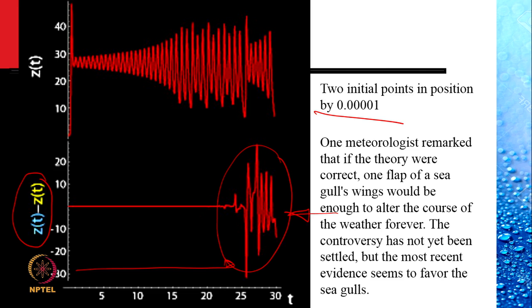One meteorologist, when he looked at results like these, remarked that if the theory was correct, one flap of a seagull's wing would be enough to alter the course of the weather forever. The controversy has not yet been resolved. But as someone said, the most recent evidence seemed to favor the seagulls.